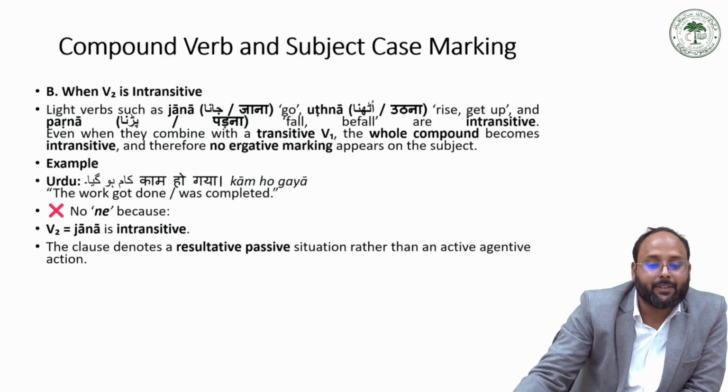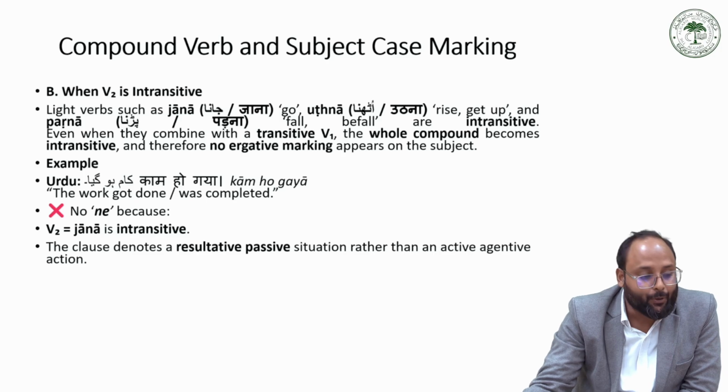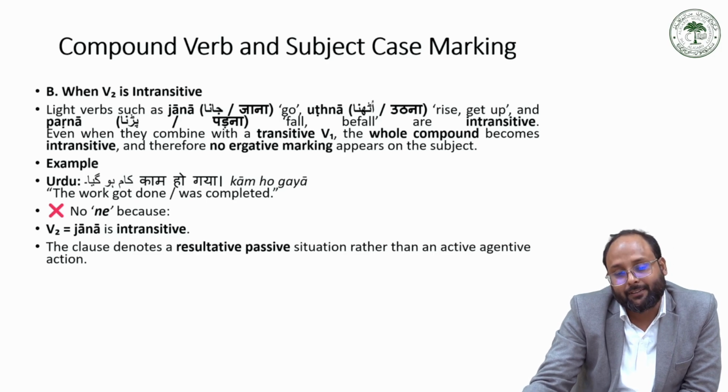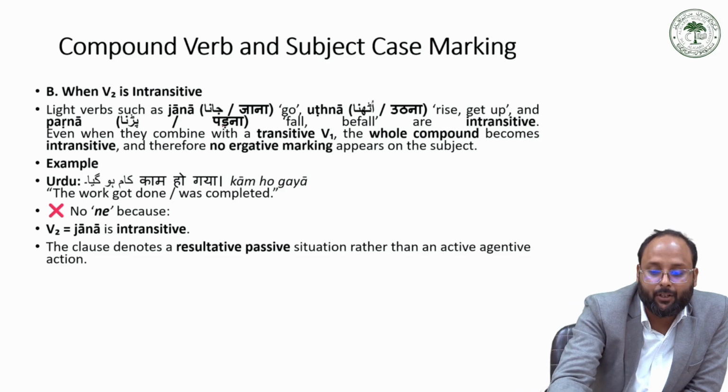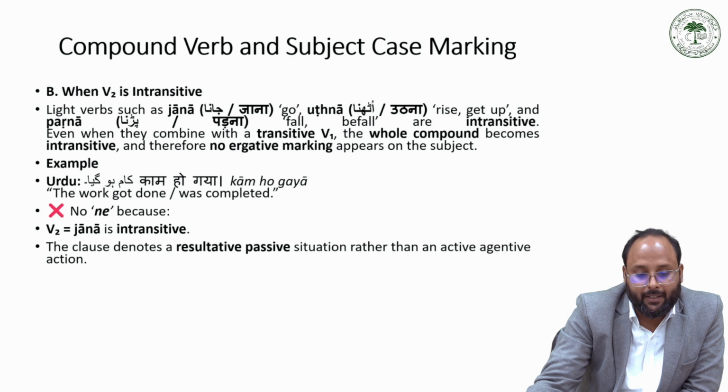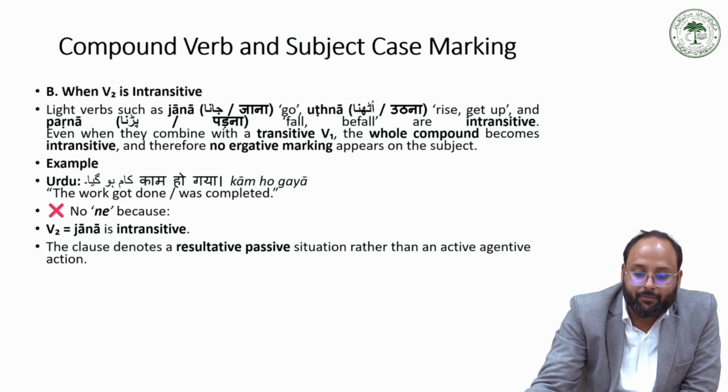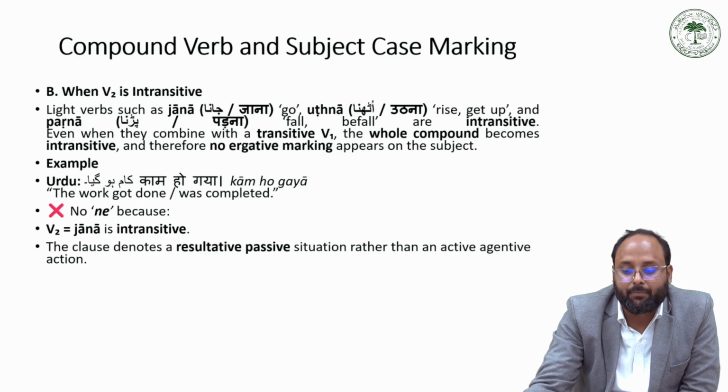And when the V2 is intransitive, it will not take the ne marking. Like the light verbs jana, utna, padna are intransitive. So even when they combine with a transitive verb, the whole compound becomes intransitive and therefore no ne marking appears on the subject.